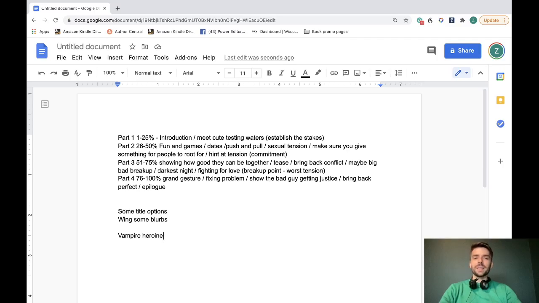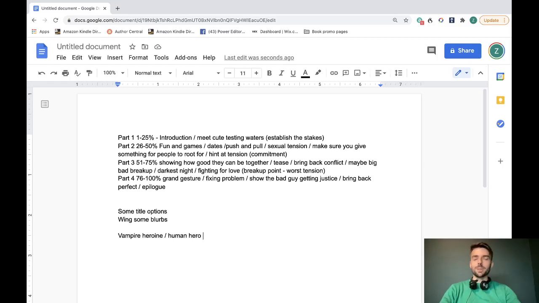The more the guys are alpha and powerful or whatever, the more that plays into the formula that's satisfying. And I thought it would be kind of fun to have the heroine be a vampire and the human guy to be the hero. That would give me some interesting things that might be fun or funny.